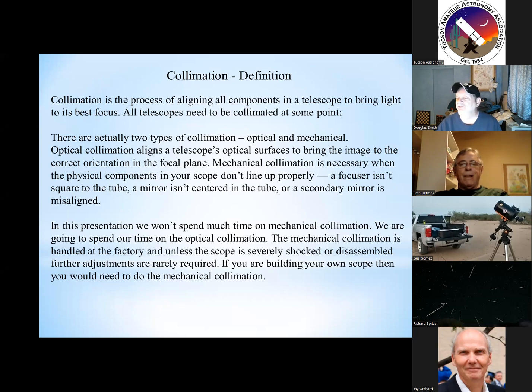Mechanical collimation is aligning the physical components of the scope. Like the focuser needs to be square on the tube, and the mirror needs to be centered in the tube, and the secondary mirror needs to be aligned with the primary mirror's optical axis, and so forth.